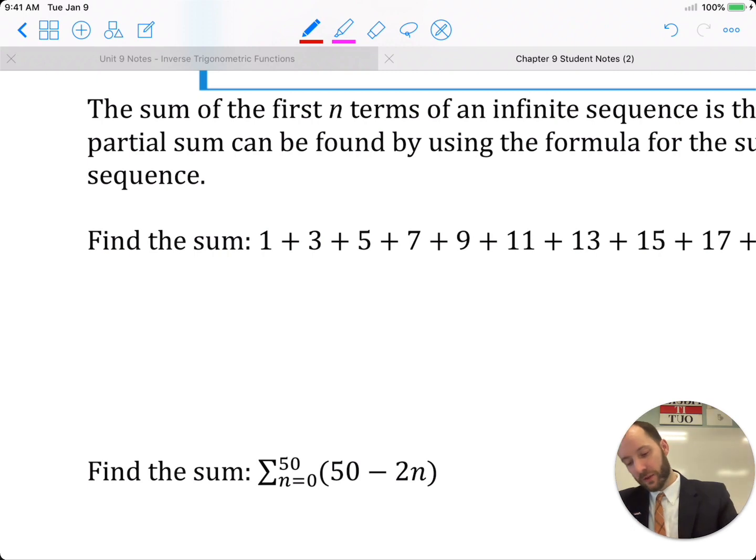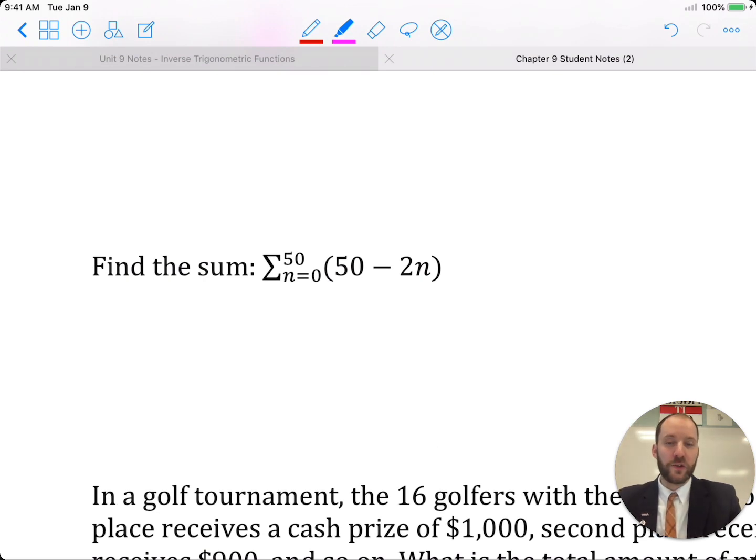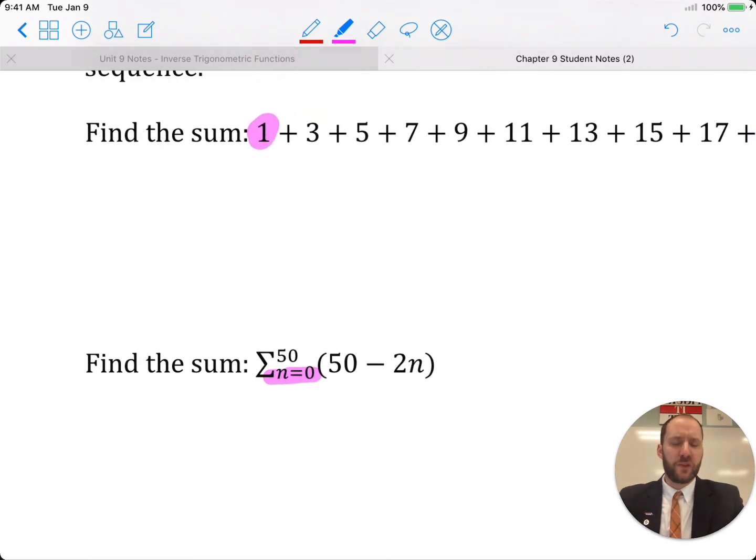Like here, first term is 1. Here, though, your first term is found by plugging in 0 for n. So be careful with the first term. It's not always plugging in 1. It's whatever your sequence starts at.